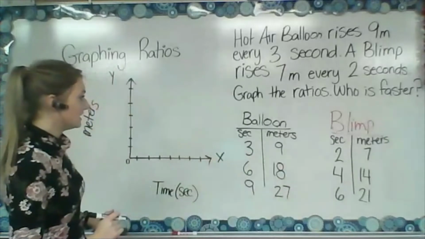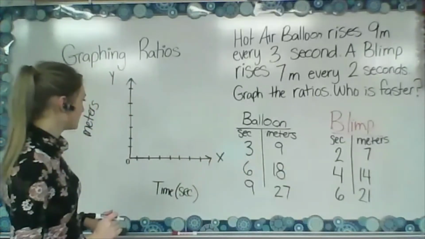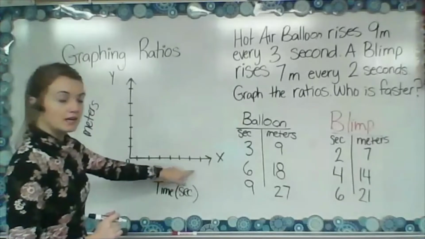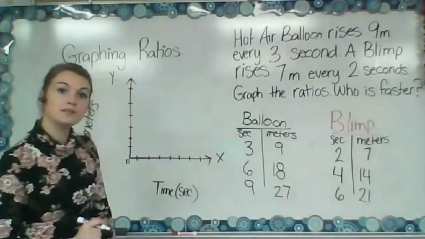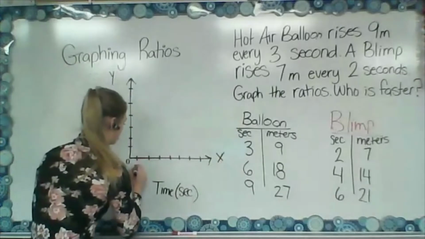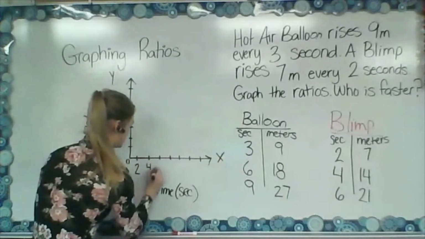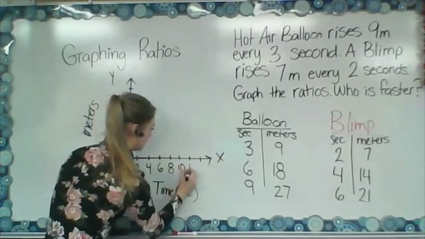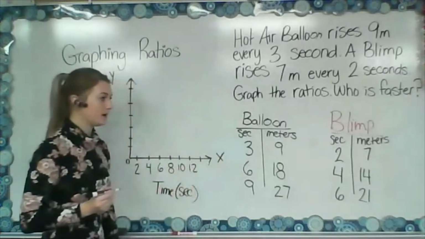So I think the best thing would be to just count by 2s, and then these ones will just fall in between the lines. So I'm going to go 2, 4, 6, 8, 10, 12. I'm going to pause there.